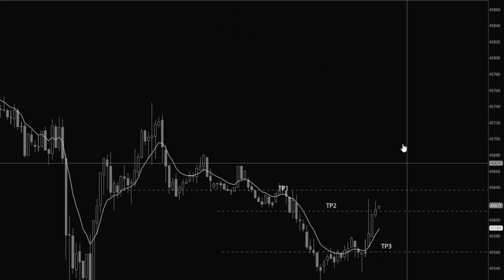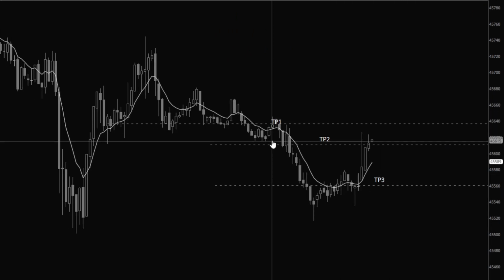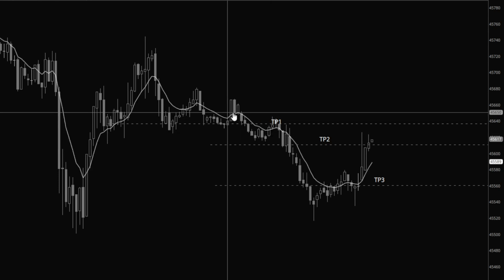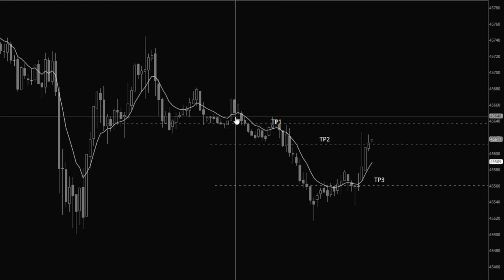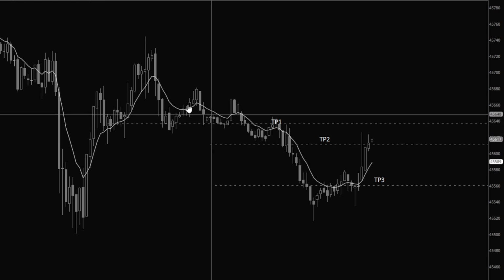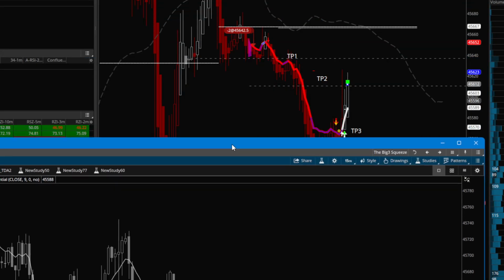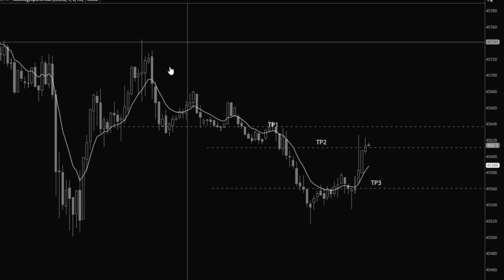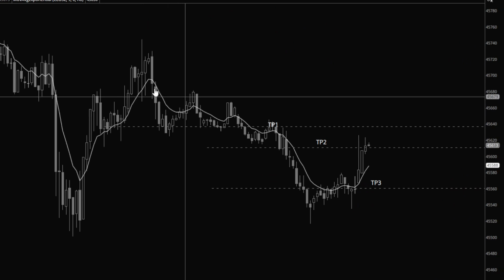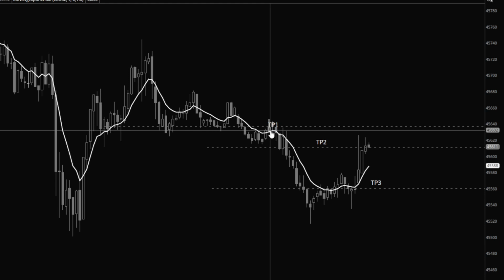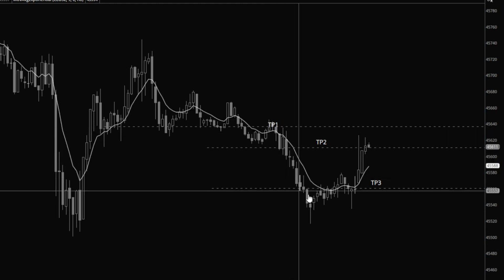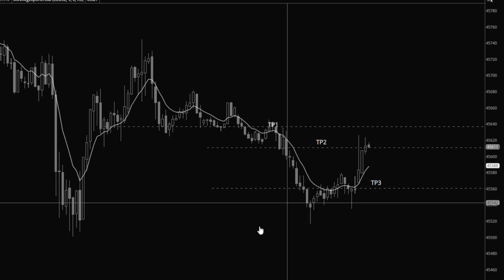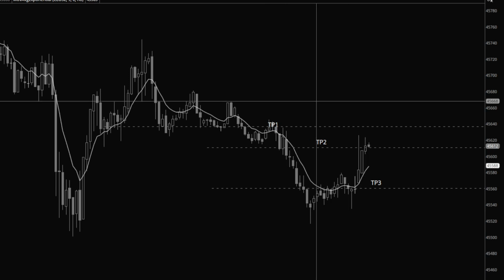There you go. Beautiful. Where did I take that entry? Oh yeah, it was executed right up here somewhere, here or here. But anyway, that's TP1, TP2, and TP3 was down here. So I took that trade, beautiful.